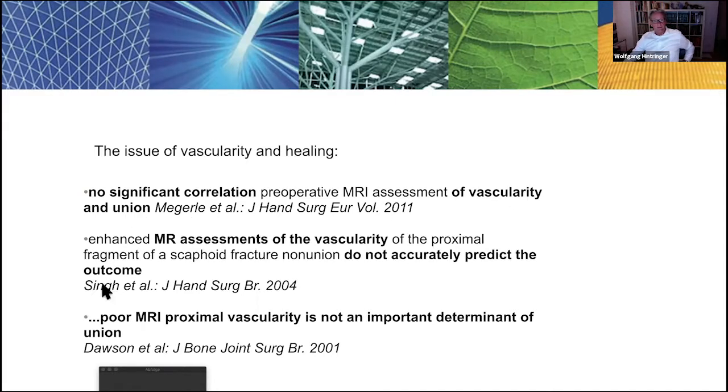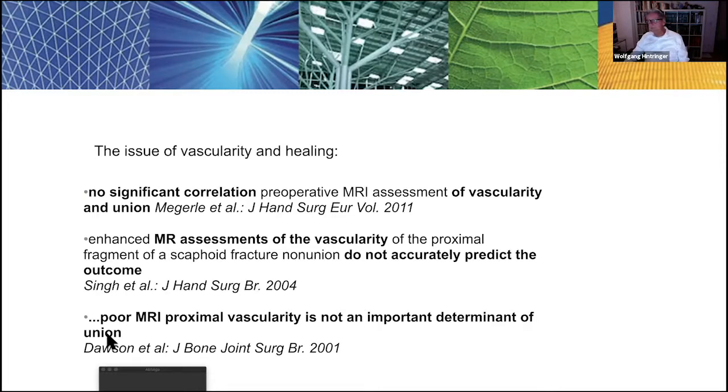And Sink in 2004: enhanced MR assessment of the vascularity of the proximal fragment of the scaphoid non-union does not accurately predict the outcome, or poor MRI proximal vascularity is not an important determinant of non-union.